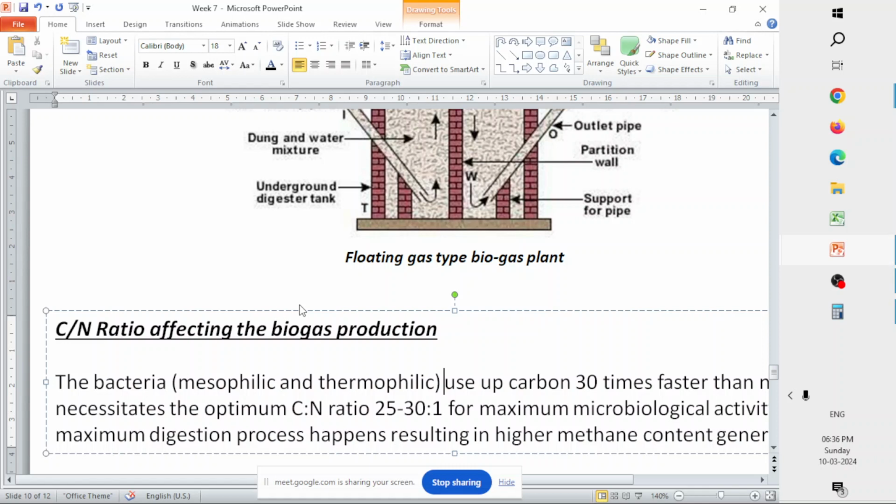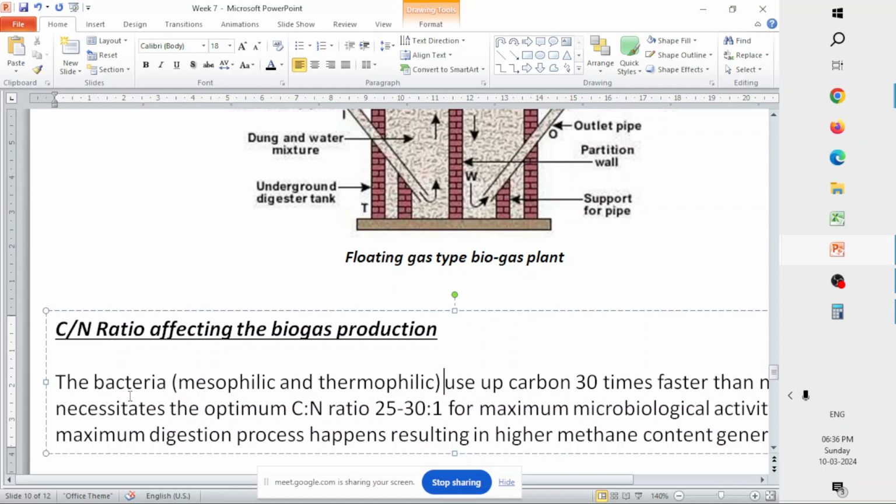This is a fact which you should remember. They work depending upon the temperature of your digester tank.